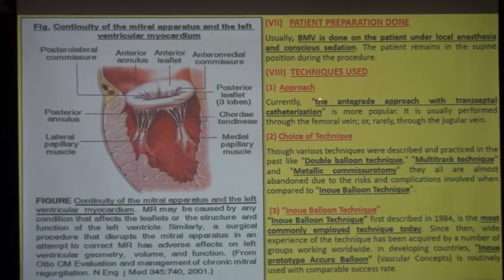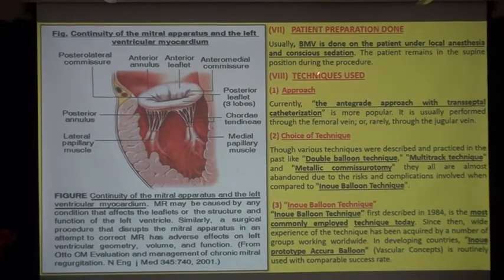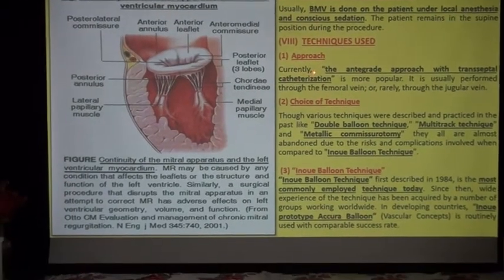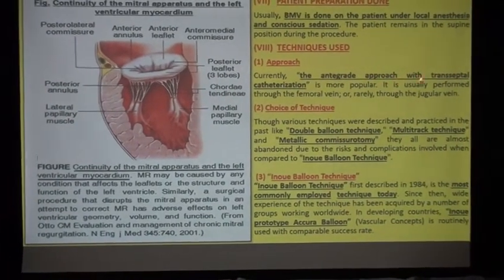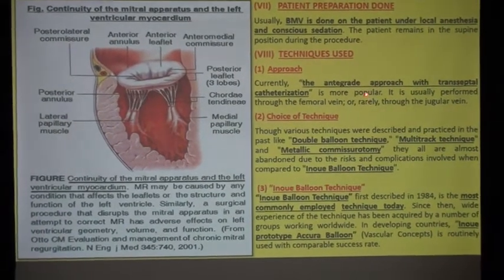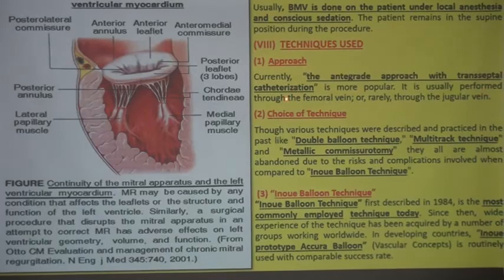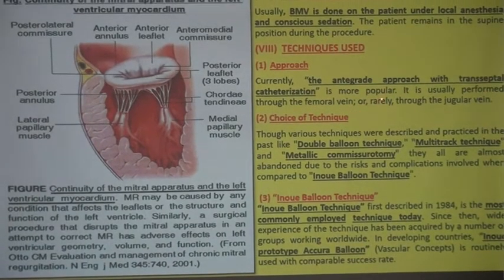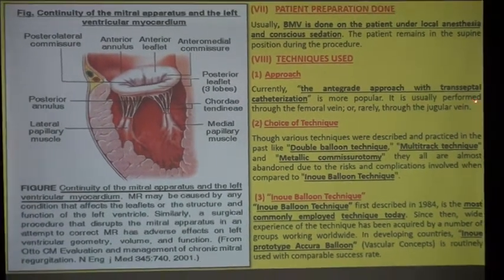The technique used: number 1, approach. Currently, the antegrade approach with transseptal catheterization is more popular. It is usually performed through the femoral vein or rarely through the jugular vein.